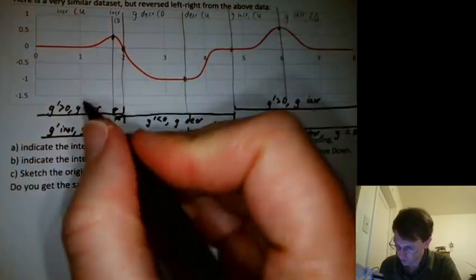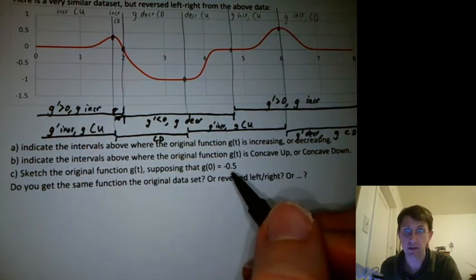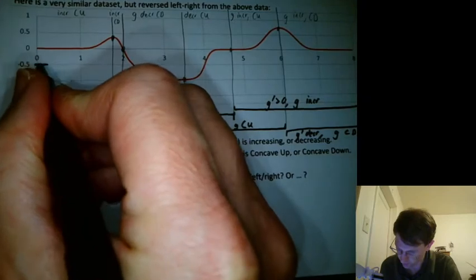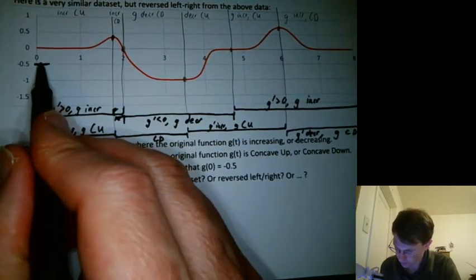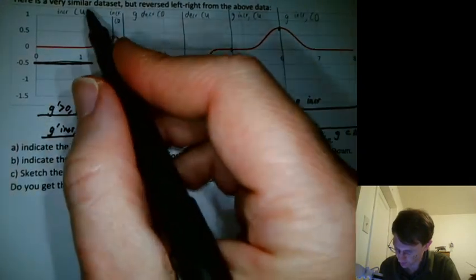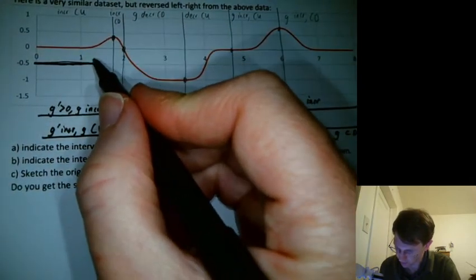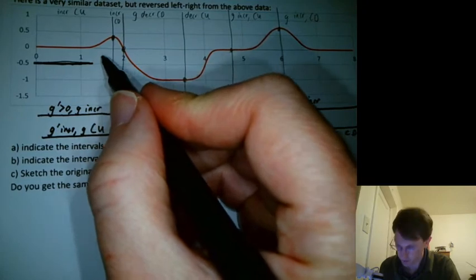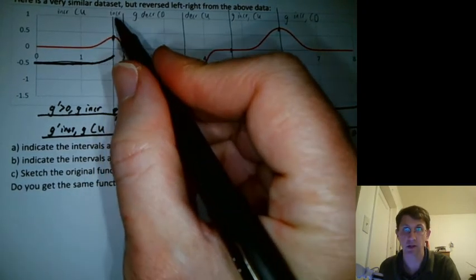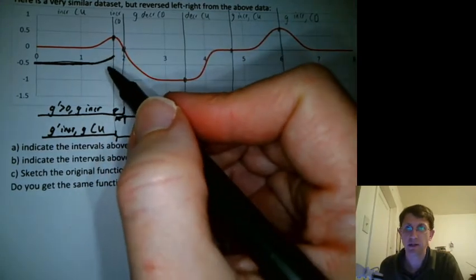Okay, so now let's do the same sketching. It still says starting at g at time 0 equals negative 0.5, so we're starting here. And we're pretty flat for a while. And then we need to be increasing concave up. It's kind of hard to know how increasing concave up to be, like should it really rise up like that? In some sense it doesn't matter.